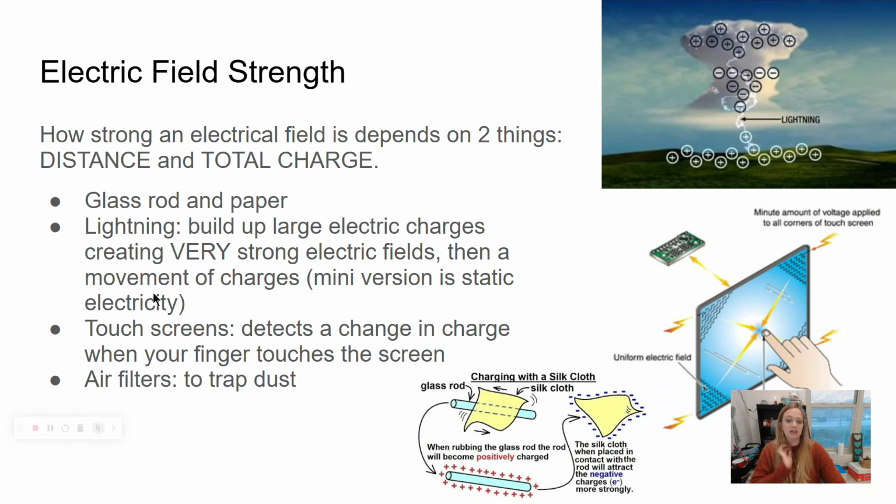Another example is lightning buildup. Even though there's a lot of distance here, there's even more of a difference in the positives and the negatives. So much so that it's willing to cross over air, which doesn't conduct electricity very easily, but it's so strong that it's willing to conduct electricity at that point.